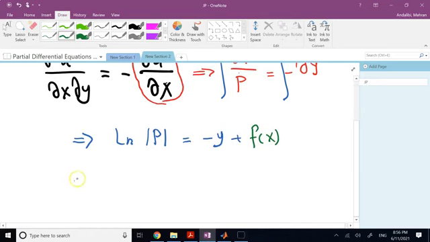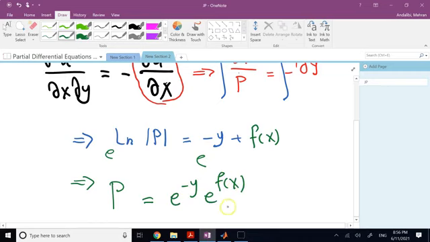Now from here, if I raise both sides, I do e to the power of both sides, then here, what would you get? You are going to get p, and here you are going to get e to the negative y times e to the f of x. And this e to the f of x is a function of x.